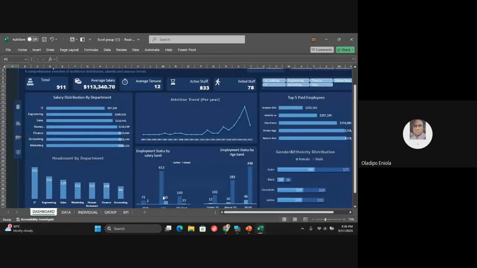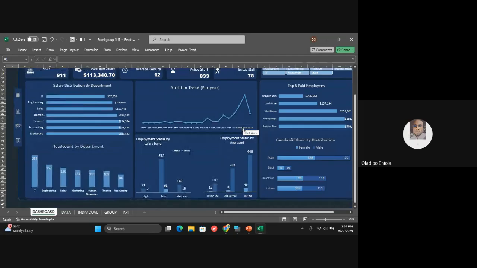Maybe you can go back to the attrition trend first. Since most of the years are of the same value, next time you could start from maybe 2021, because this chart doesn't really look nice. I need to strain my eyes to see the years.